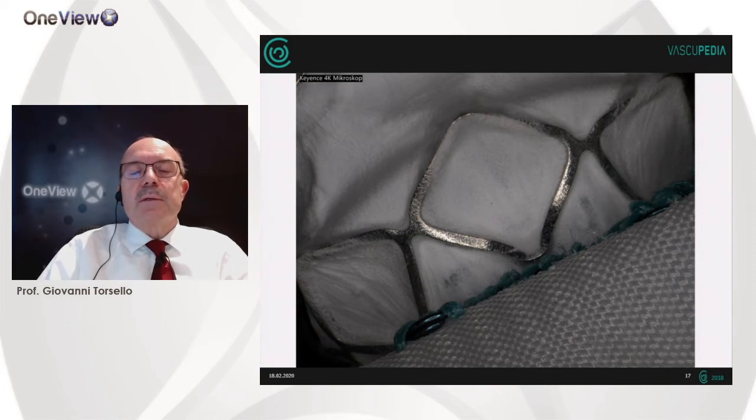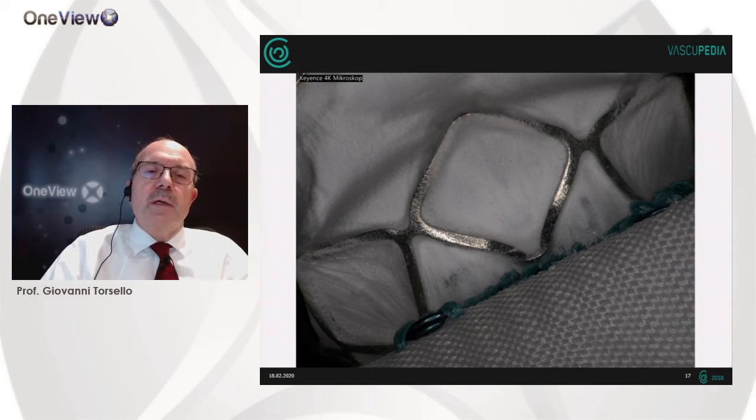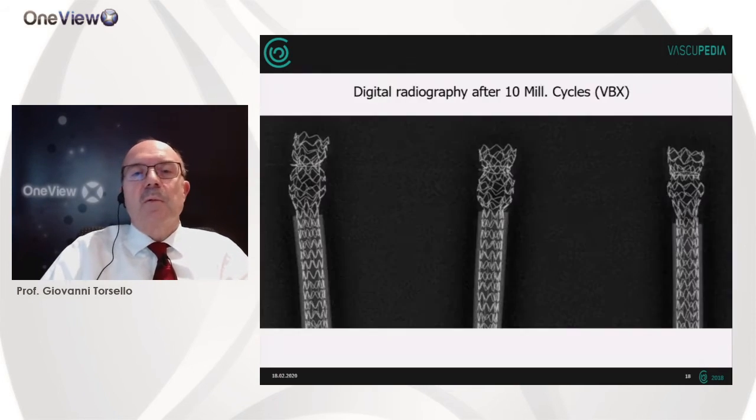After 10 million cycles, we haven't seen any modification of the structure of the VBX. So we are happy about this, not only by macroscopy, but also using digital radiography.